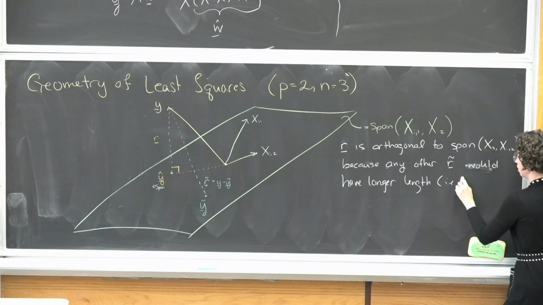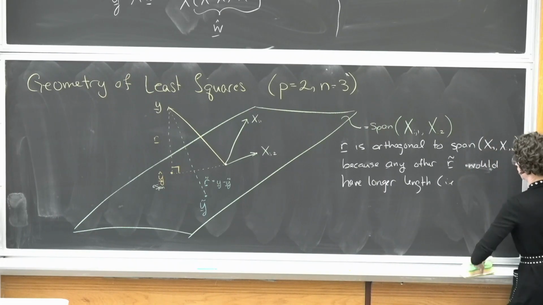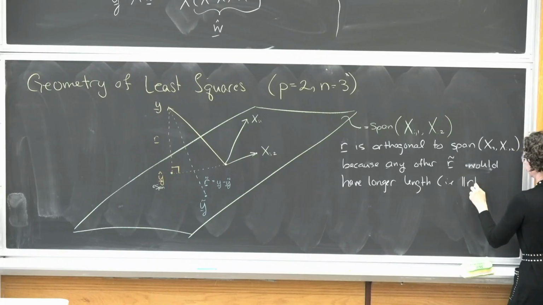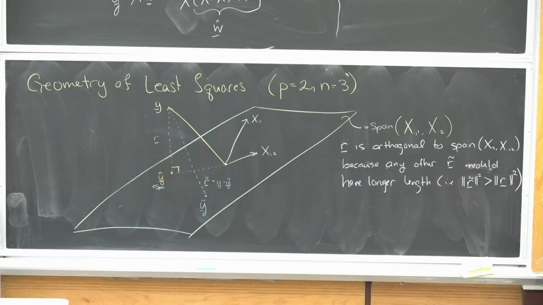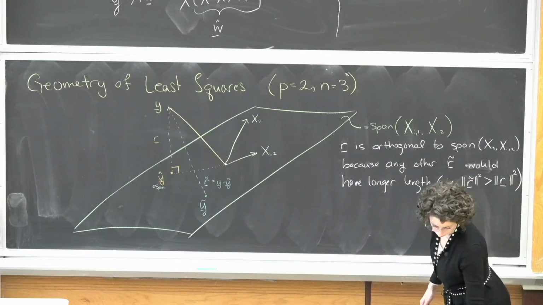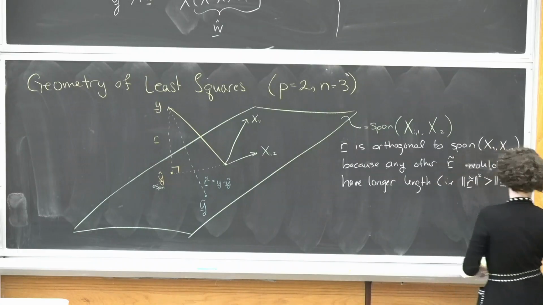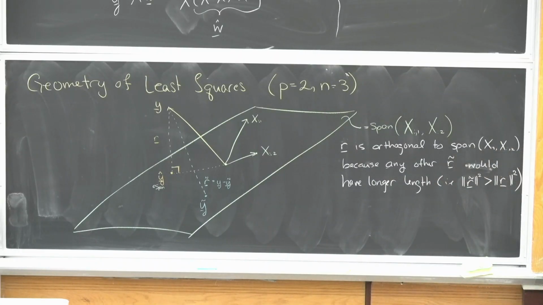And by that, I mean that if we were to look at this Euclidean norm squared of r tilde, it would necessarily have to be bigger than the Euclidean norm of r. I want to add a little bit more to that.